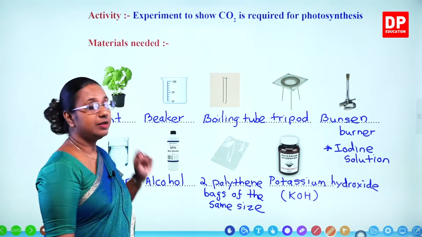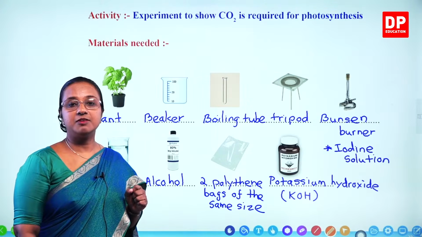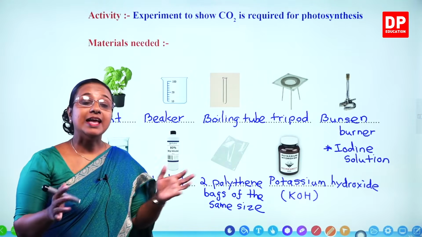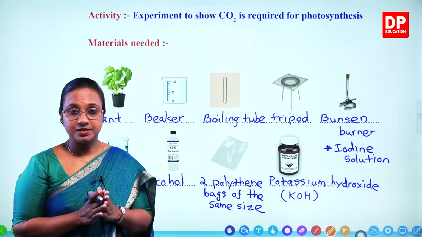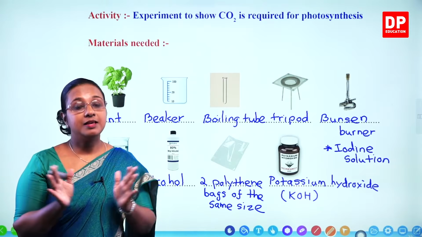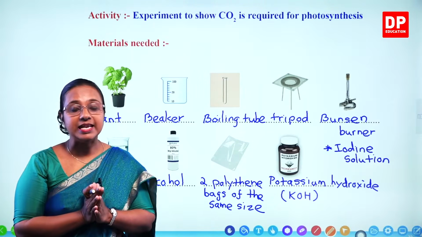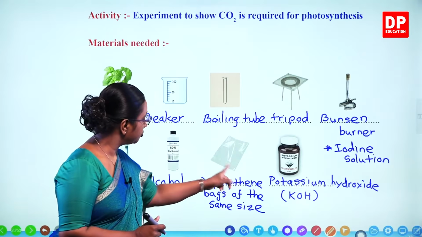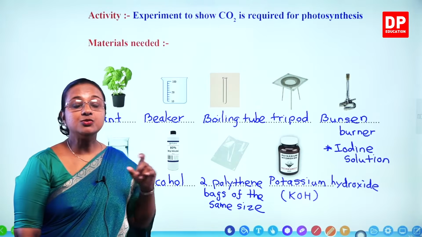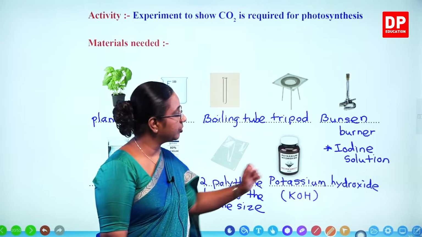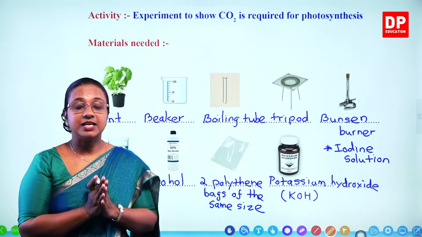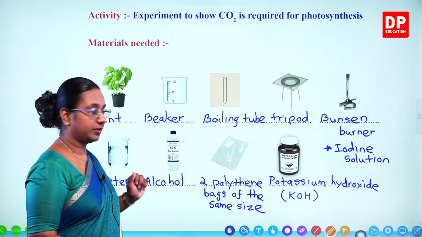So first we keep the plant in the dark for 48 hours to make sure there is no starch present in the leaves. Then we select 2 similar leaves, almost the same height and opposite to each other, means they will be of the same maturity and size. We have 2 polythene bags so that light can penetrate through it. Into 1 polythene bag, we take potassium hydroxide. Into the second polythene bag, we take the same volume of water.